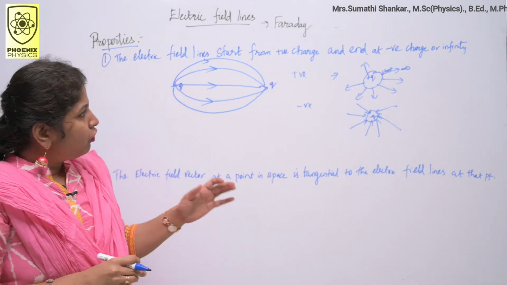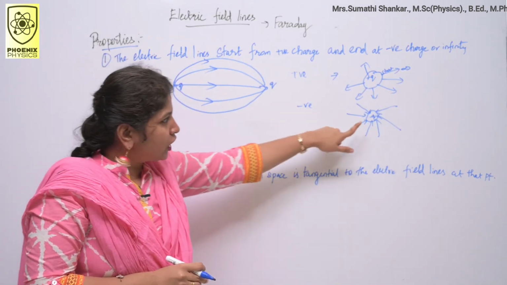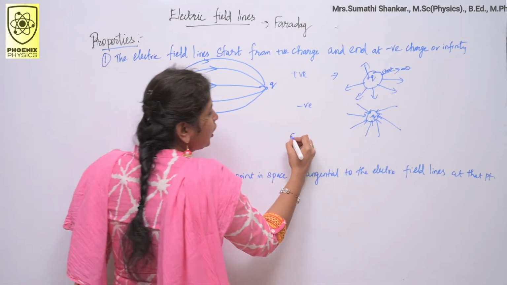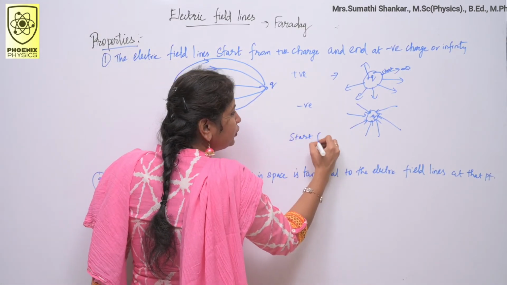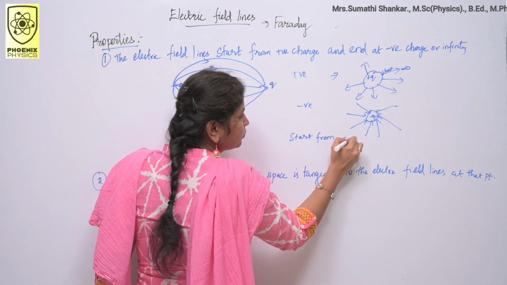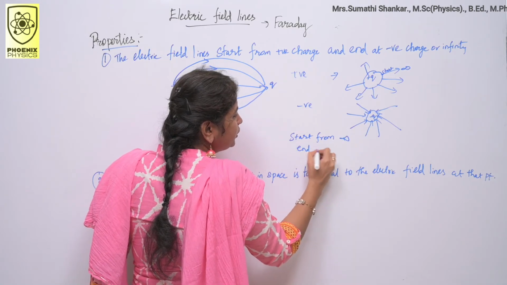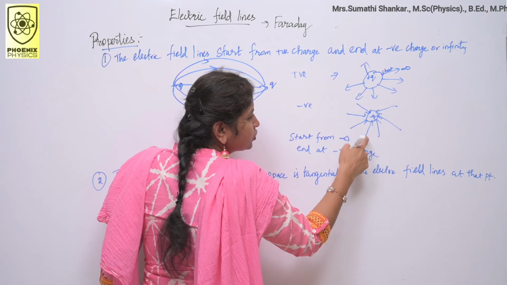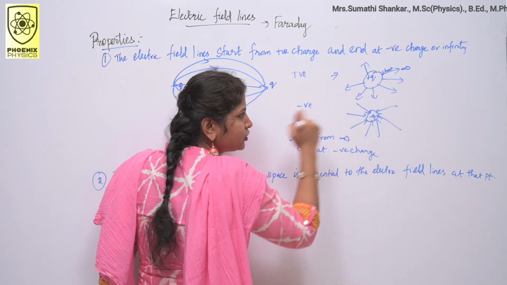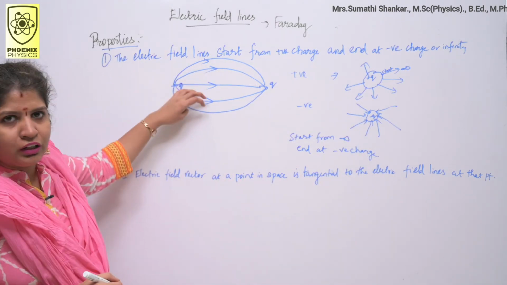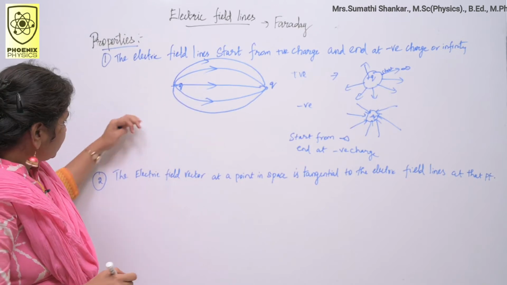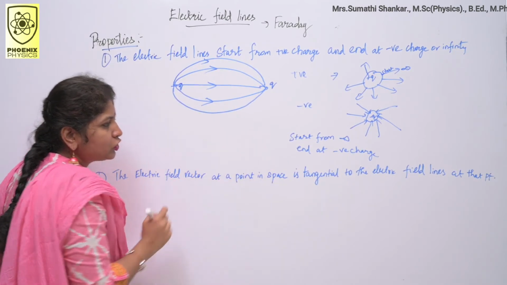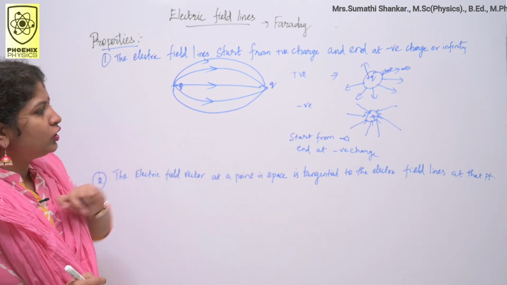Same way, for a negative point charge, the electric field lines start from infinity and end at the negative charge like this. Starts from infinity and ends at the negative charge. This is the meaning.